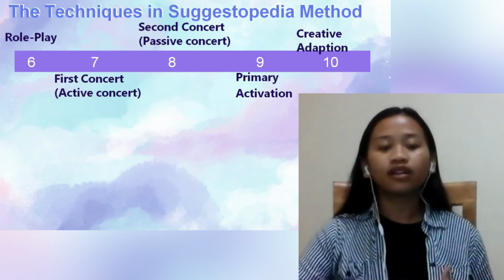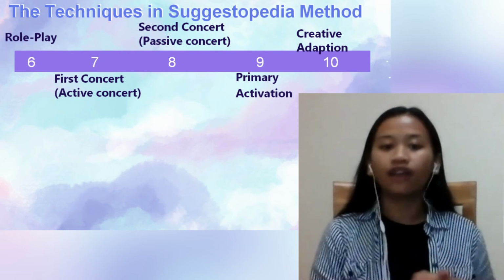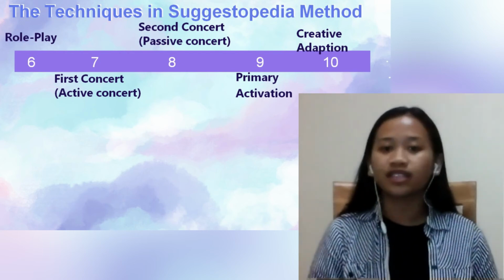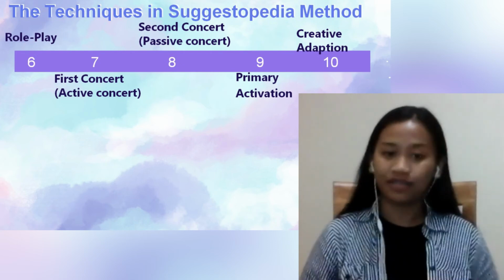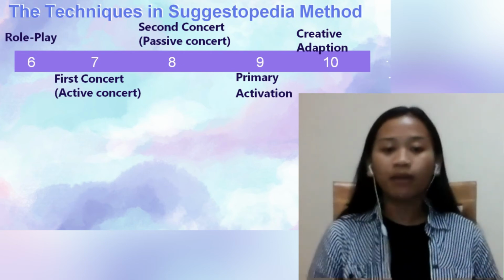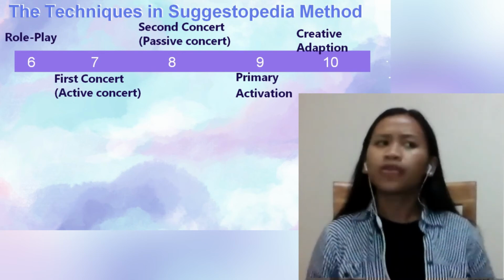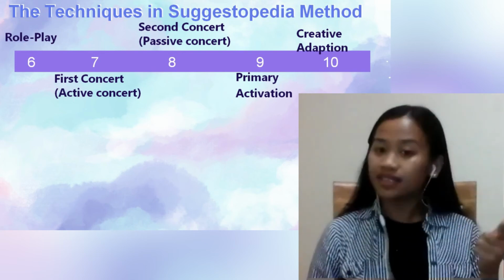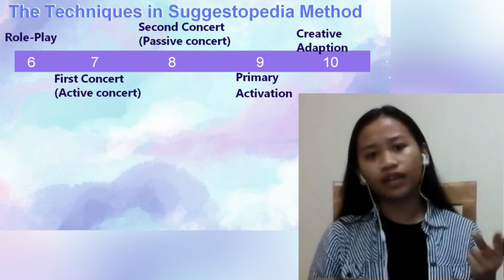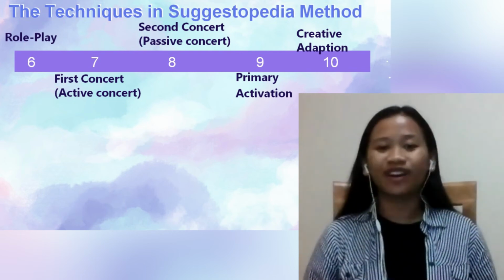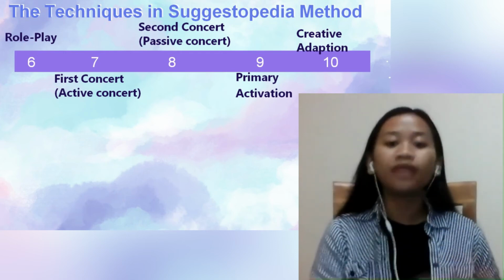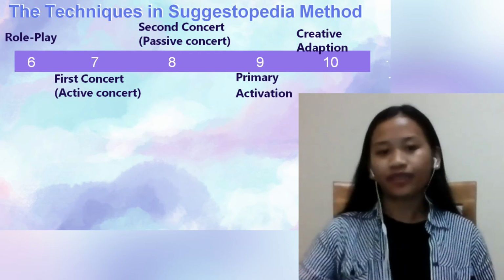This is the stage of student activation in learning. And the last one is creative adaptation. Activities recommended at this stage include singing, dancing, drama, and also playing games maybe. The activities focus on the ability to communicate, not on grammar.